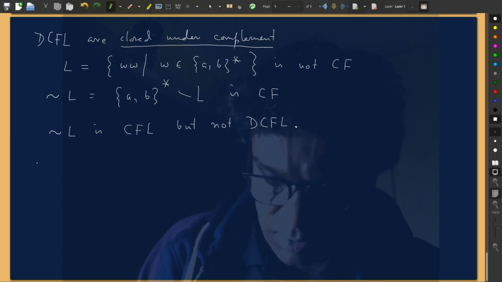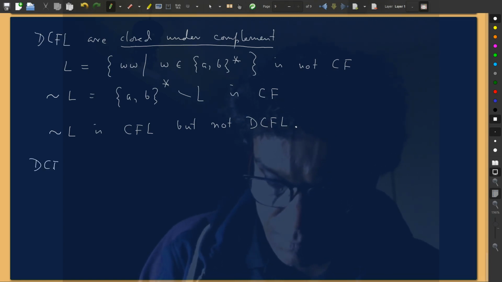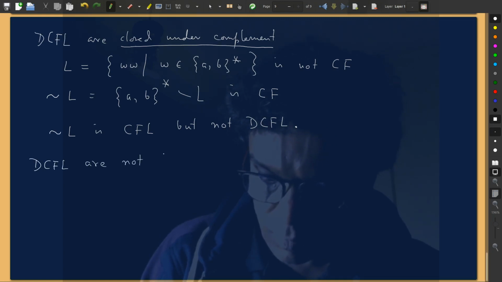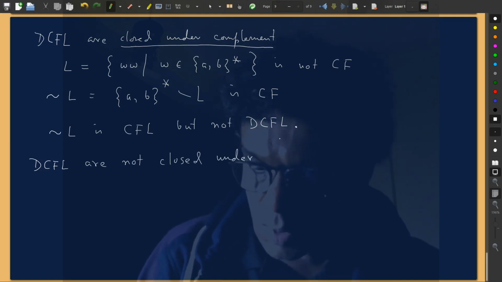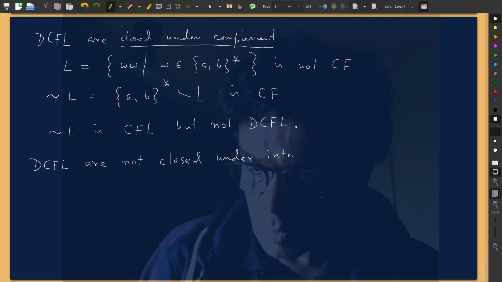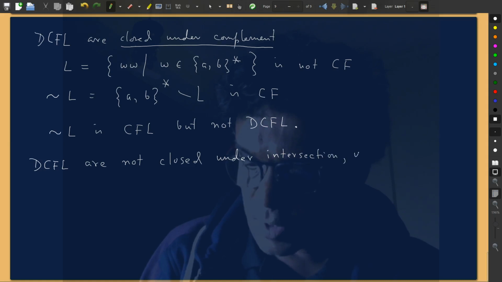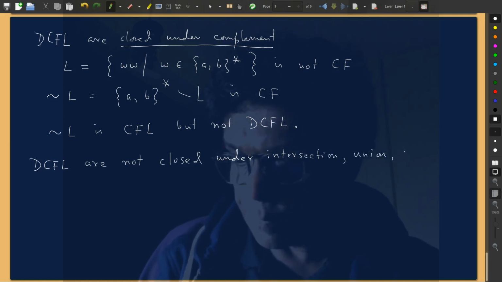So there are other things, they are not closed under intersection. They are not closed under union, not even under reversal.